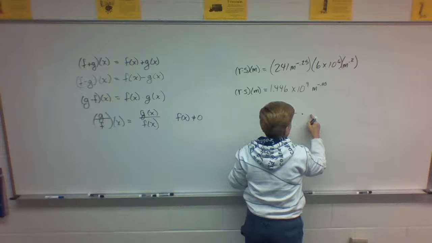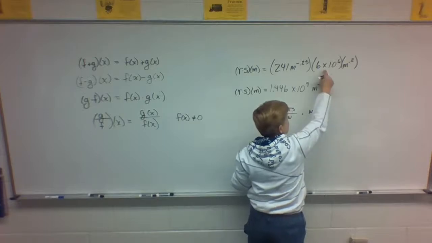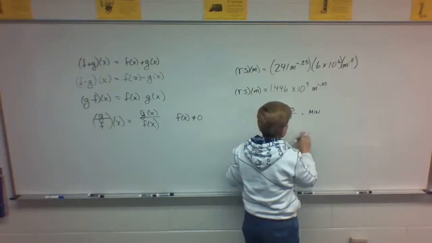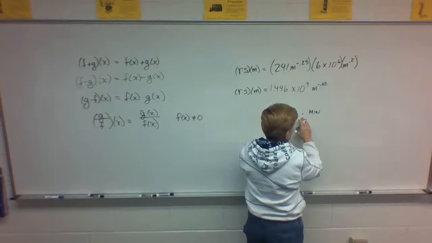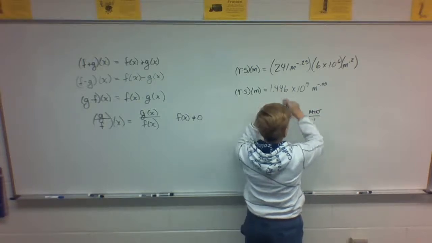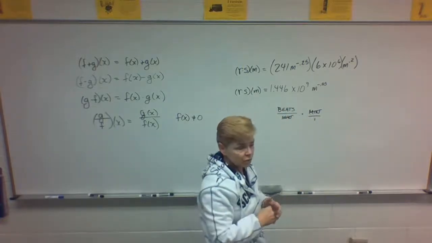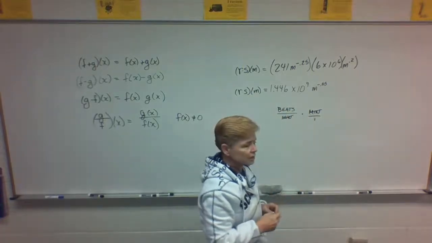Lifespan. Total minutes in a lifespan. Minutes. Yeah. This is how many minutes of life they have. If you multiply beats per minute times minutes, these cancel and you end up with the units on the multiplying of the two as beats. Total beats in a lifetime, which is what you said. But this is the unit analysis that tells you that.